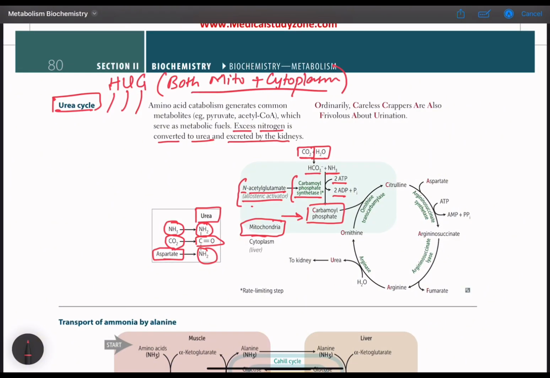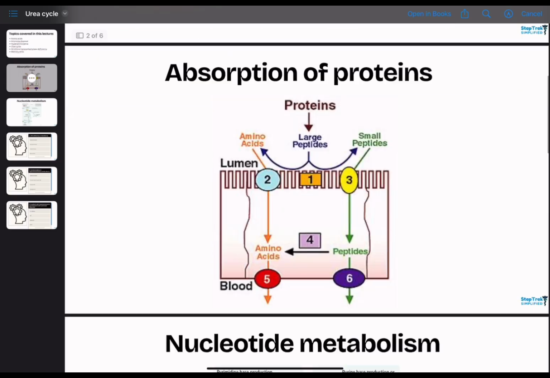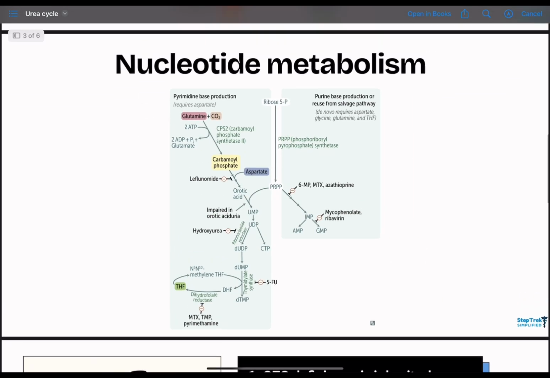Now, this carbamyl phosphate is also a product of another metabolism, which is nucleotide metabolism. In pyrimidine metabolism, glutamine combines with carbon dioxide to form carbamyl phosphate by the enzyme carbamyl phosphate synthetase 2. So it is an intermediate both in nucleotide metabolism as well as the urea cycle.